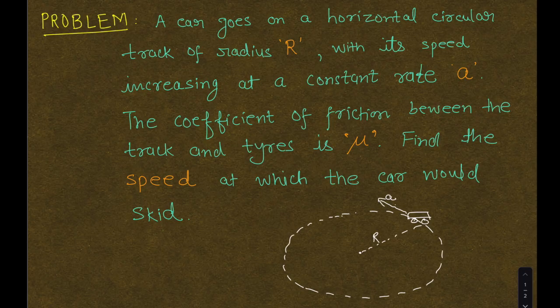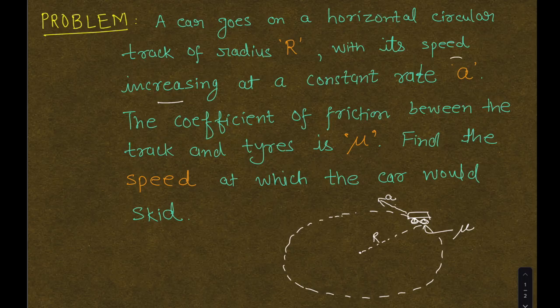And we have also been told that the coefficient of friction between the track and the tires is mu. So these tires and the track underneath them, the coefficient of friction here is mu. We need to find the speed at which the car would skid. Because there is acceleration involved, the speed keeps increasing, and at some point, intuitively, we can tell that things would not hold and the car would skid.